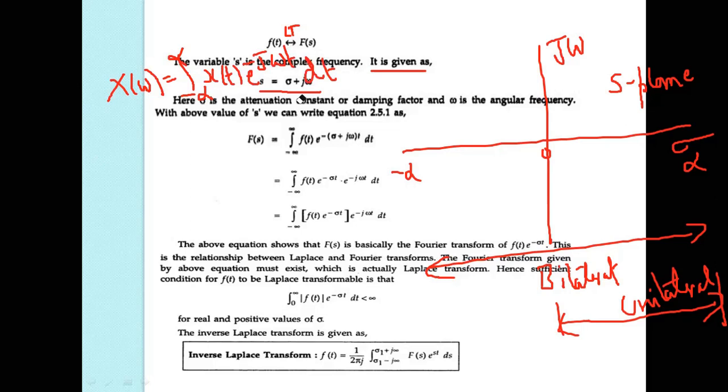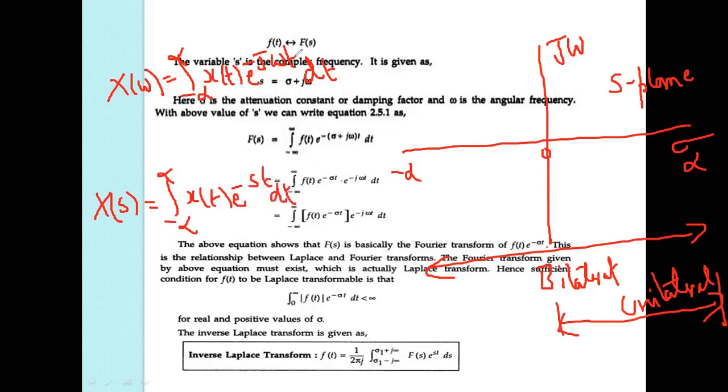Got it, my students? Now, not the Fourier, the Laplace transformation definition: X of s is equal to the integral from minus infinity to infinity of x of t e power minus st dt.